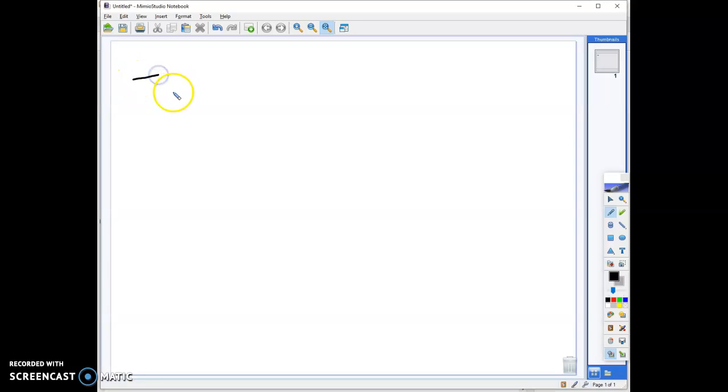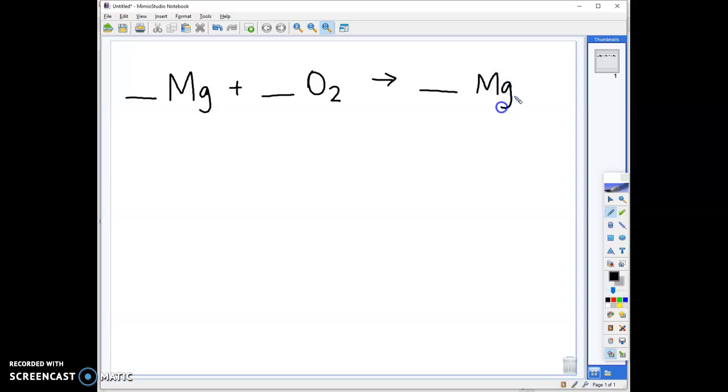So we have magnesium. Oops. Let me start my line a little bit lower here. There we go. Okay. We have magnesium plus oxygen yields magnesium oxide. So here is our equation.